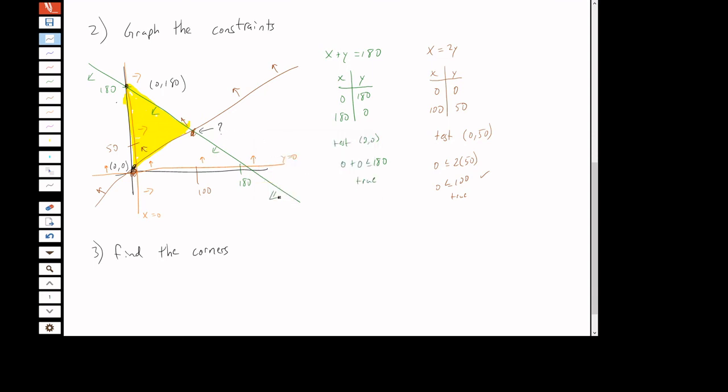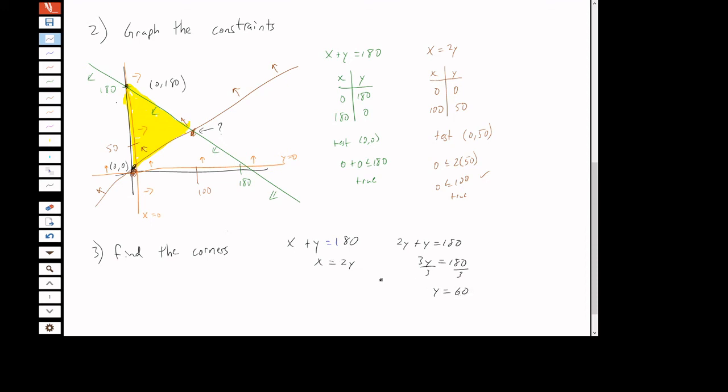So what we need to do is find out what that is by finding the intersection of our two lines. So x plus y equals 180 and x equals 2y. I'll just do substitution, plug in 2y for x in this top equation. 2y plus y equals 180, so 3y equals 180. Divide both sides by 3, and I get y equals 60.